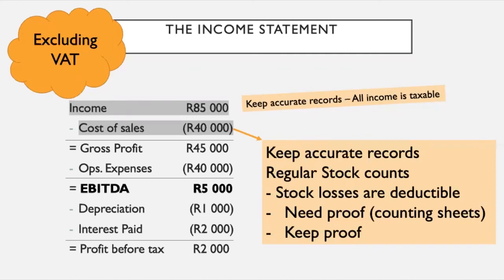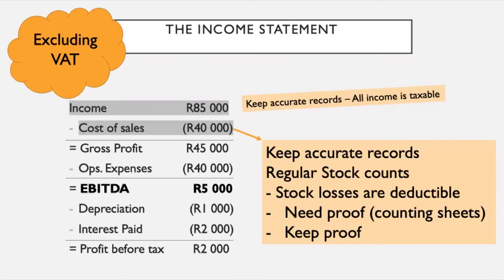And remember, if you're going to deduct stock losses, so you've lost stock for whatever reason, somebody's stolen it, a box fell off the back of your bakkie, you need proof that that stock went missing, and you're not just cheating the books. So remember, true and accountable. Okay, so you need proof, which in the case of stock would typically be counting sheets.